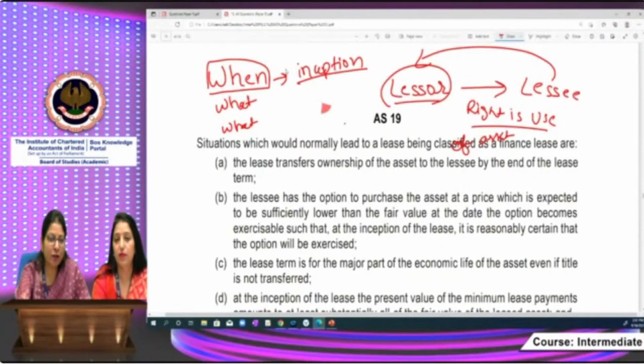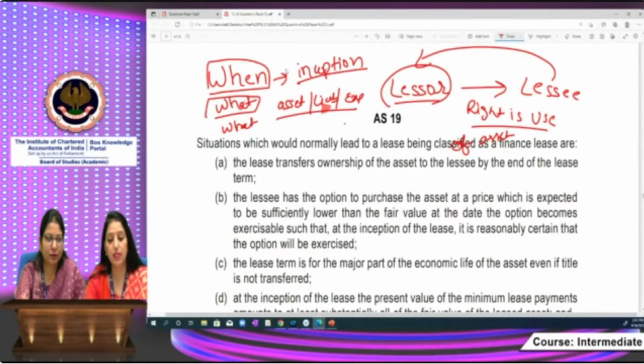Inception means the beginning of the lease. What are you going to recognize? You are going to recognize the asset, the liability, and the expense. Next is related to its finance cost and its depreciation.